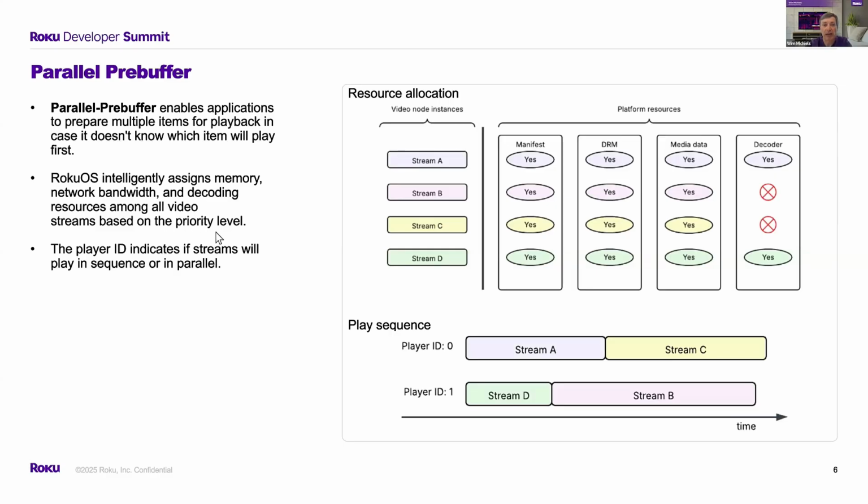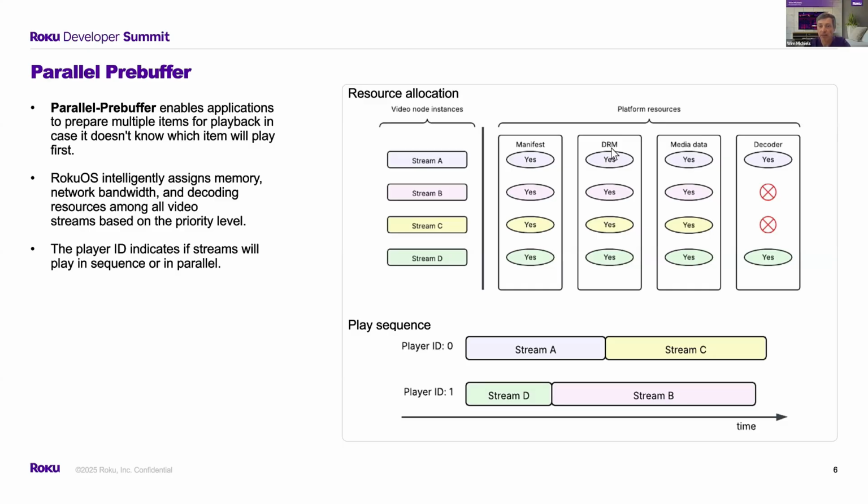The priority level tells Roku OS which streams should get more resources assigned versus other ones. If we talk about resources, Roku OS assigns memory resources, for the manifest as well as media data, which take up memory.